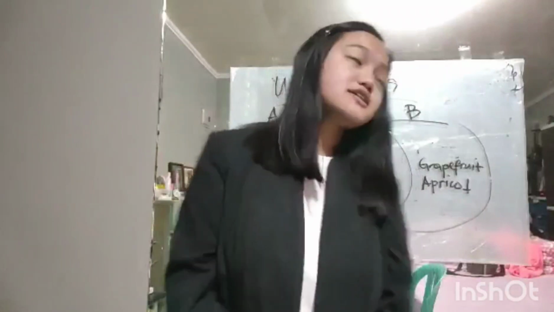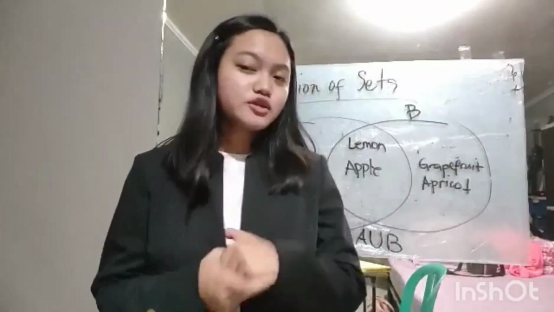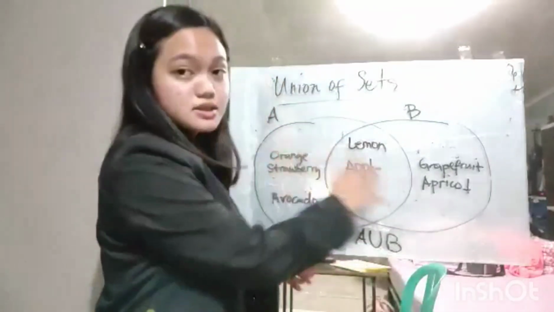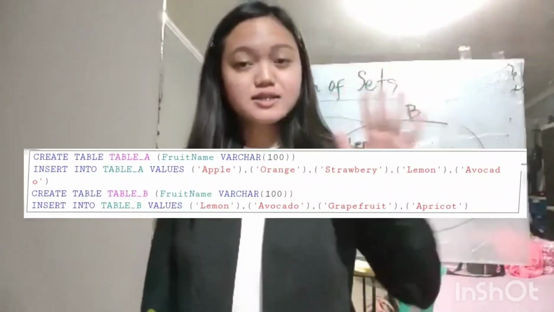So suppose that the sets A and B are represented by tables in SQL Server. At this point, we are going to create tables in SQL Server. When you create a table in SQL Server for these two sets, this is the syntax, as you can see on the screen.